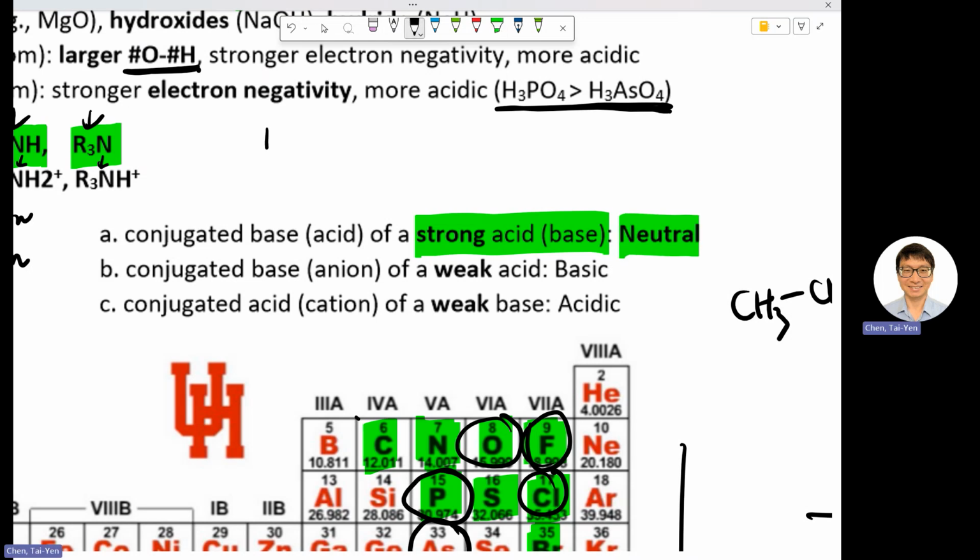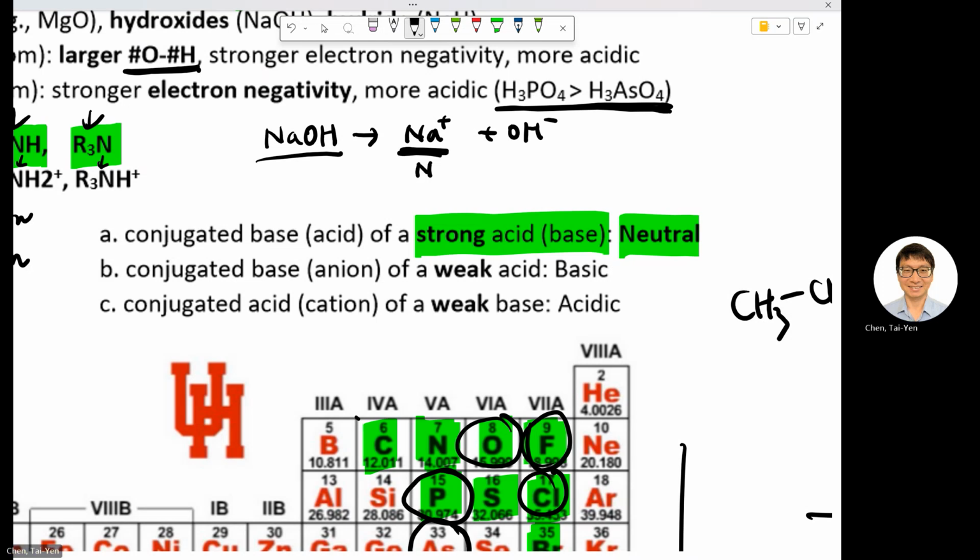For example, NaOH is a strong base. Once it dissociates, it becomes Na+ and OH-. This ionic part, Na+, is neutral.